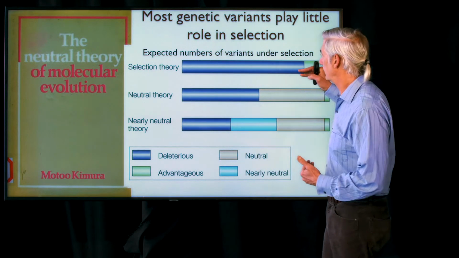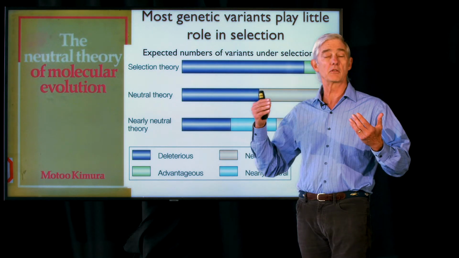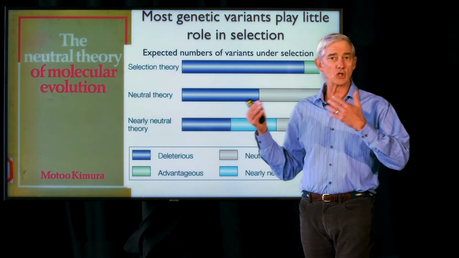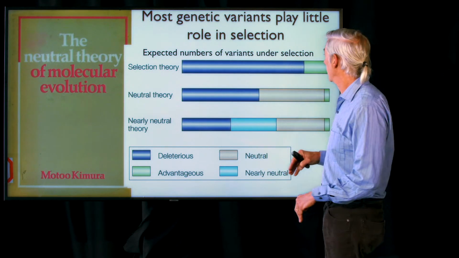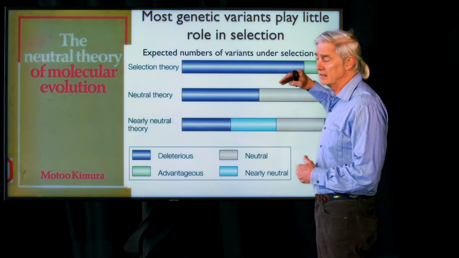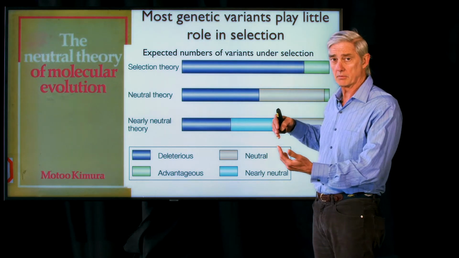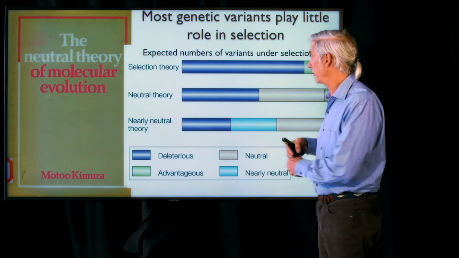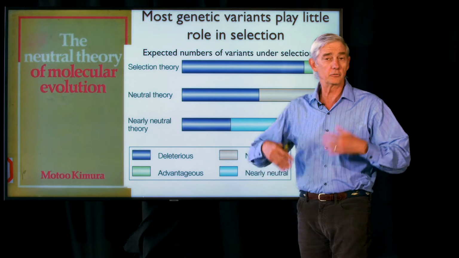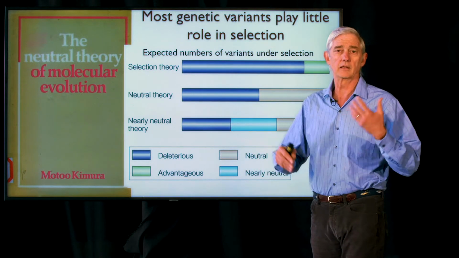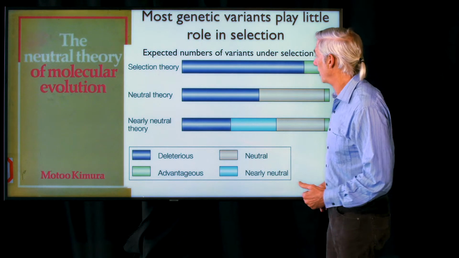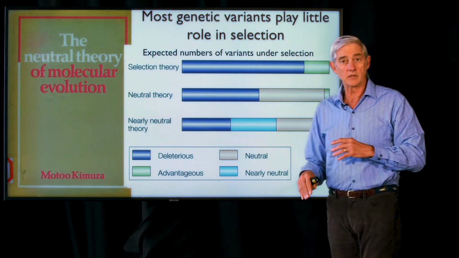If you take a look at the selection theory, that is, genes are being controlled by selection, then the variance you see in a population, that theory suggests that a lot of those are deleterious because random genetic variation is likely to be deleterious, and there's some that are advantageous.